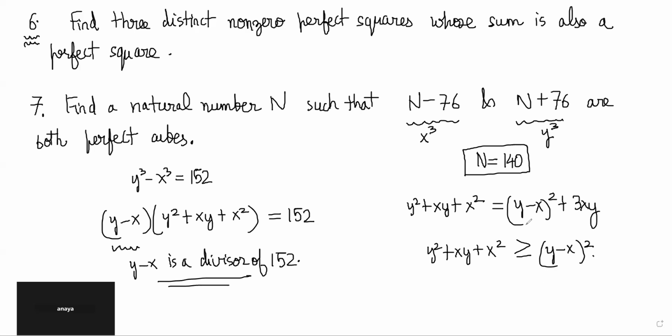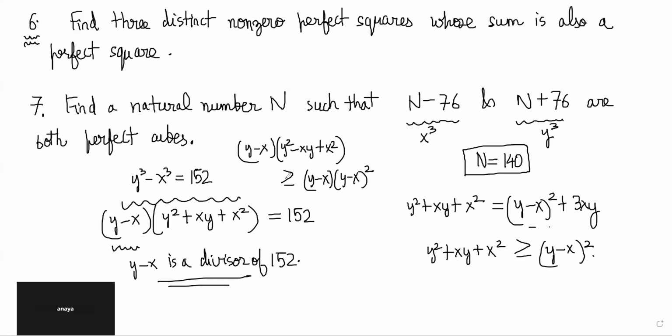So the product of y minus x and y square plus xy plus x square is greater than or equal to y minus x into y minus x whole square. So this is greater than or equal to y minus x whole cube. So 152 is greater than or equal to y minus x whole cube.